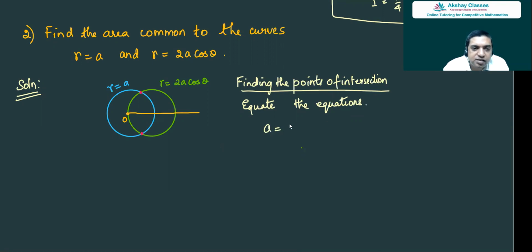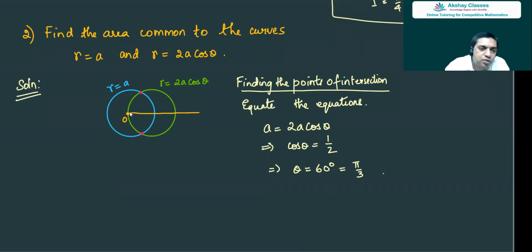So A is equal to 2A cos theta, which implies cos theta is equal to half. Cos theta is equal to half, which implies theta is equal to 60 degrees, which is pi upon 3. So R is equal to A.